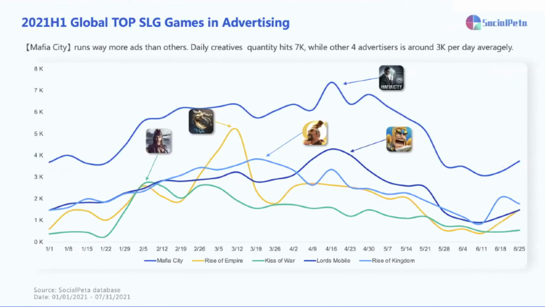From this page, it says that Mafia City runs way more ad creatives than other products, and its daily average quantity hits 7,000, while for other products it's about 3,000.